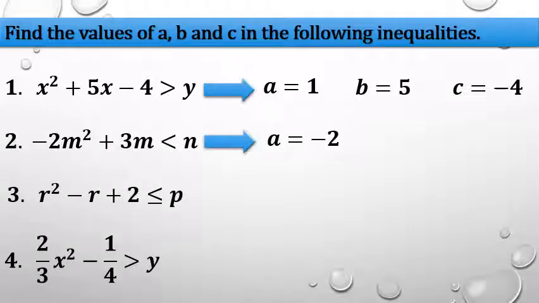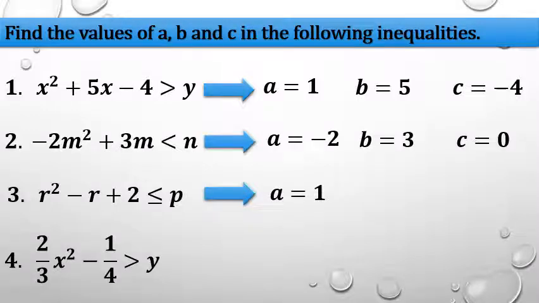A equals -2, B equals 3, C equals 0. Number 3, r squared minus r plus 2 is less than or equal to p. A equals 1, B equals -1, C equals 2.